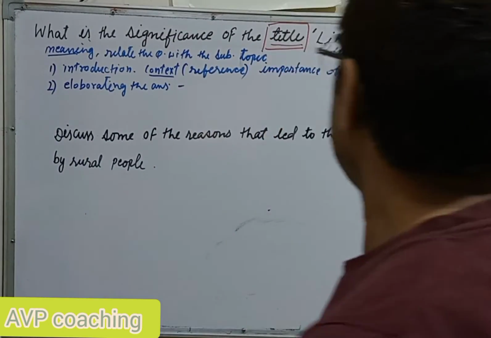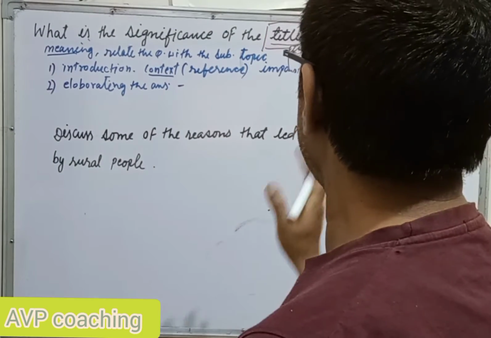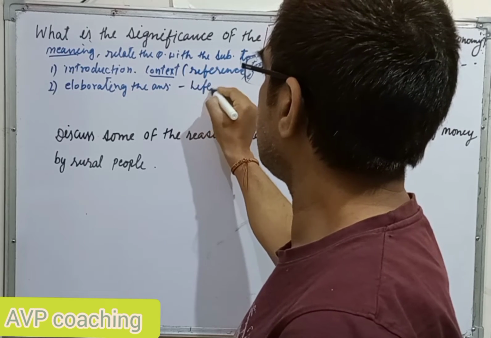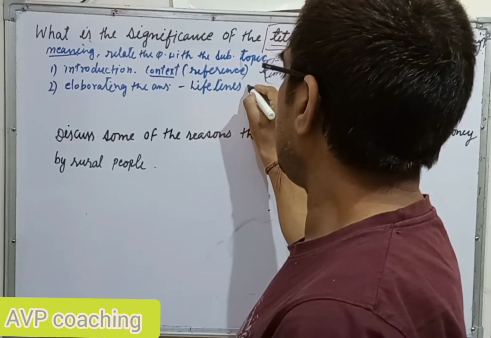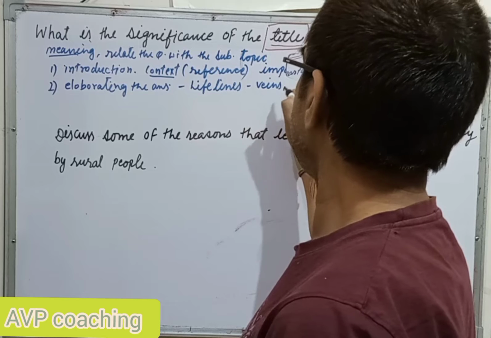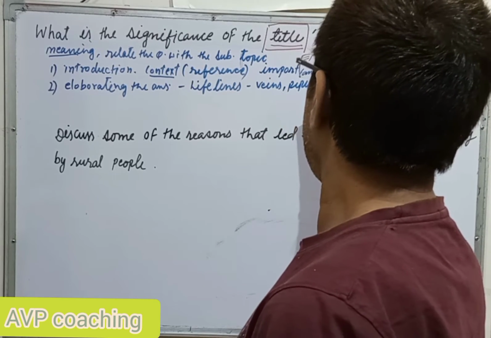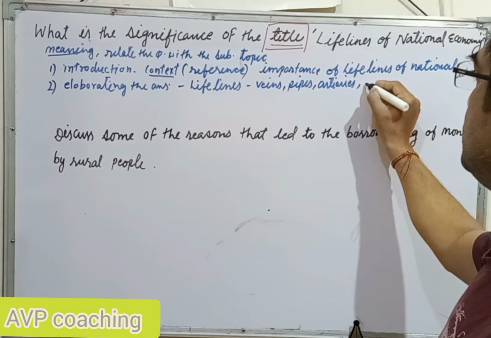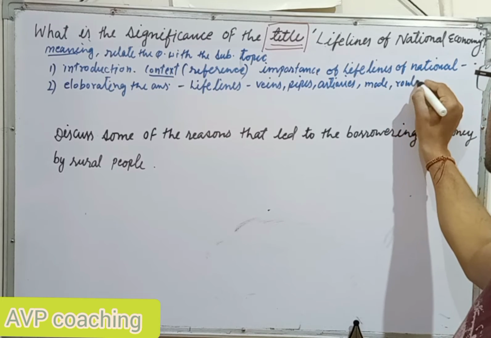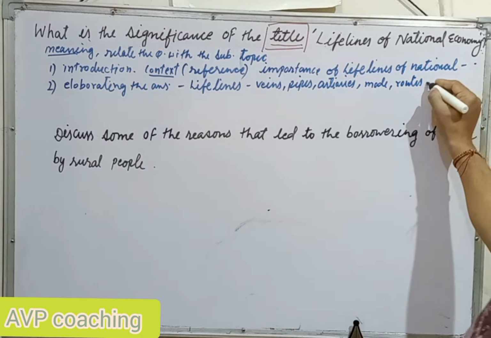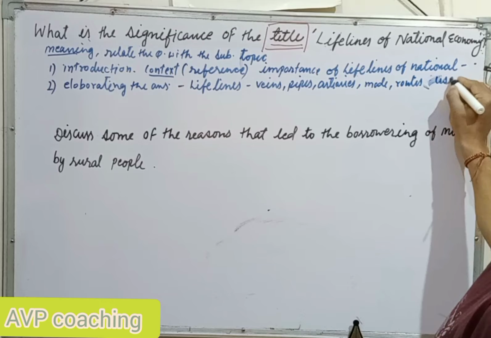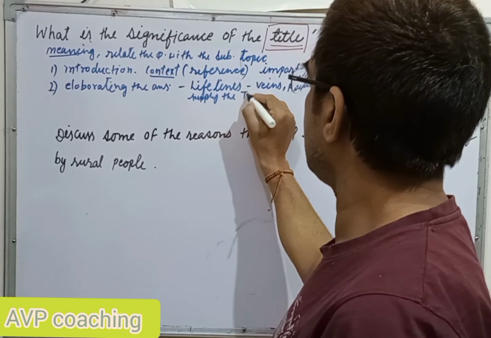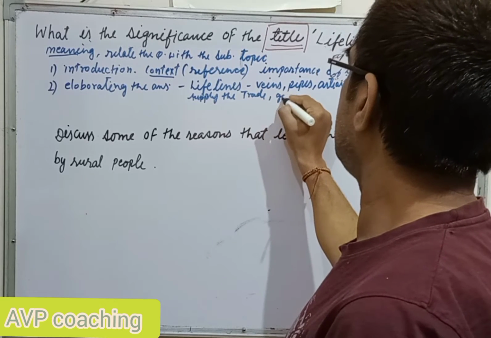So what do you write there? Lifeline of the national economy. Why, what is the significance of the title Lifeline of the national economy? Here you will tell about the lifeline. Lifelines work as veins, pipes, arteries, or any kind of mode or route that are used to supply trade, goods.